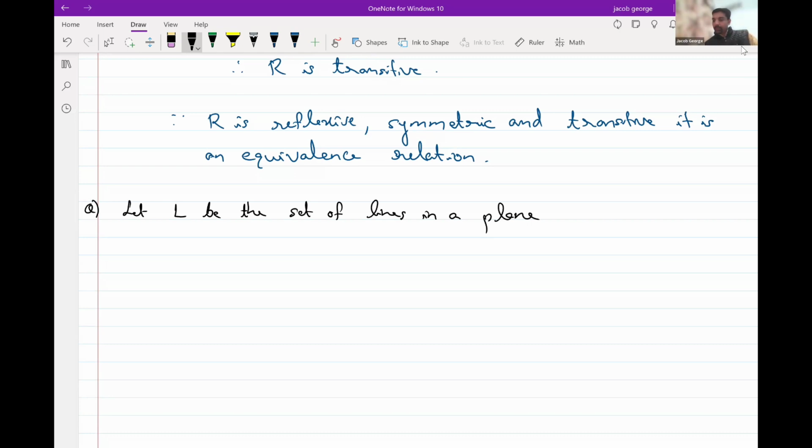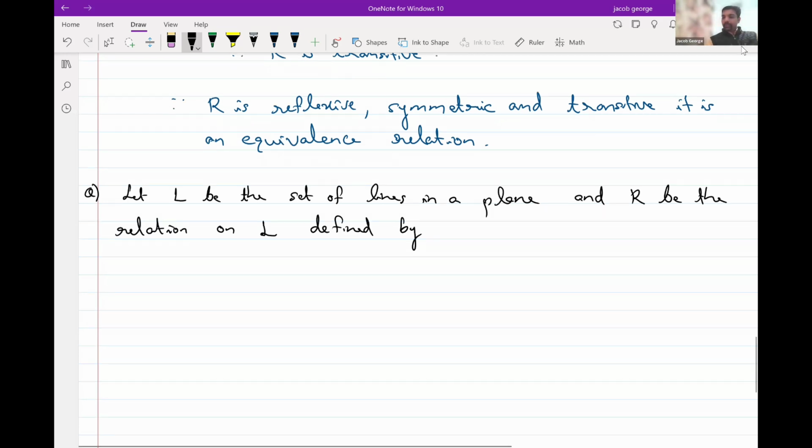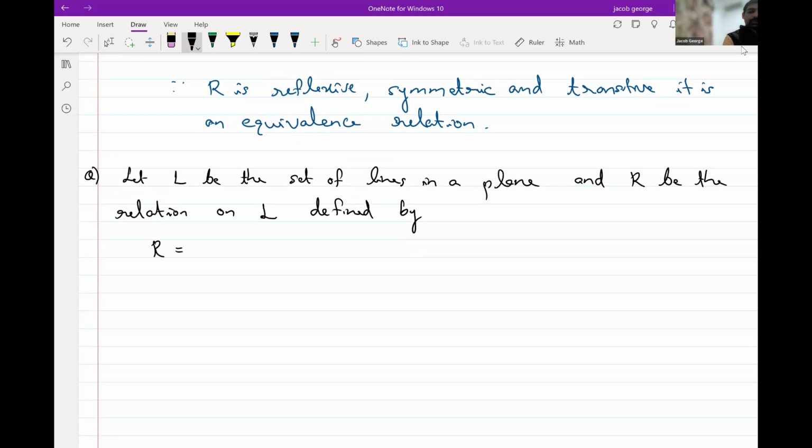So this is the basic set here. Let L be the set of all lines in a plane and R be the relation on L defined by R is equal to the set of all ordered pairs L1 comma L2 such that L1 is perpendicular to L2. Show that R is symmetric.